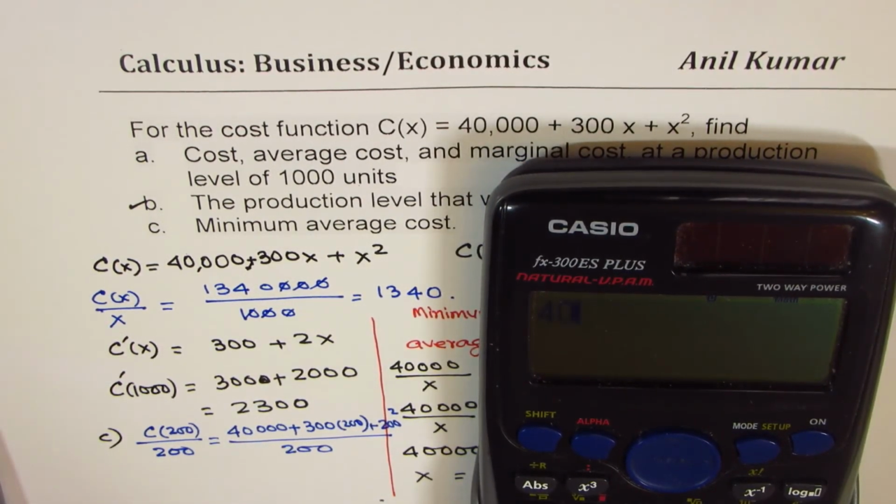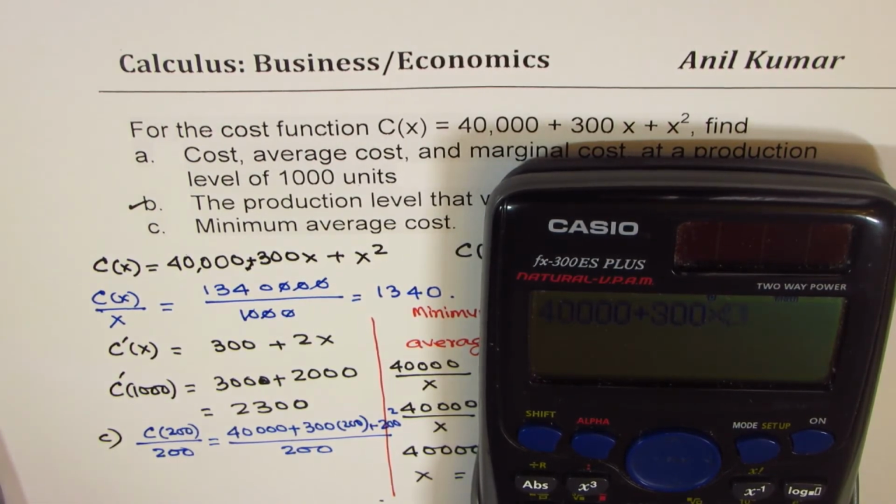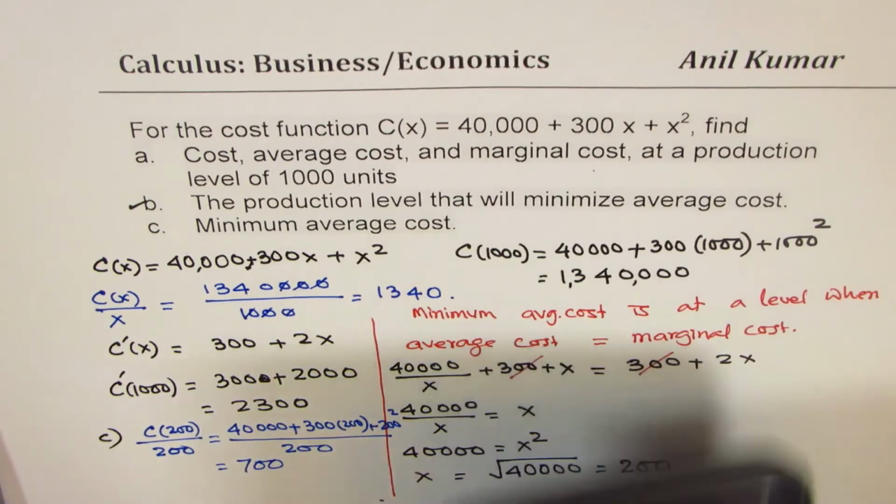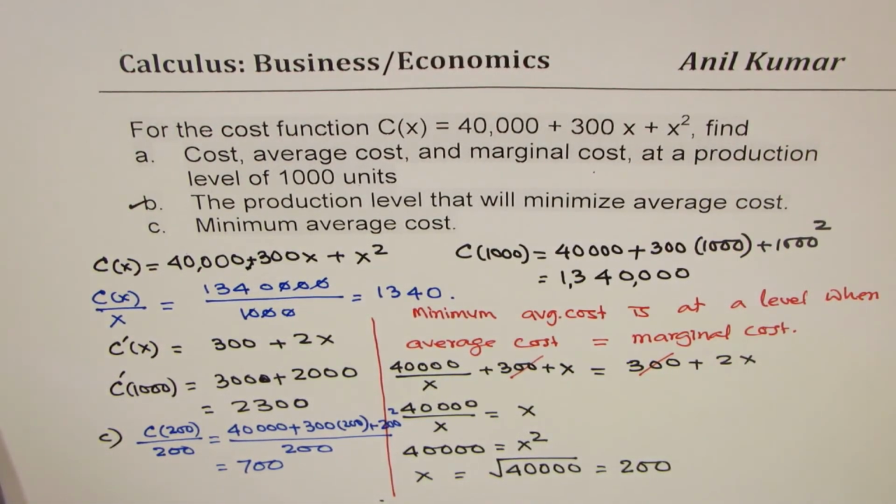That equals 700. So 700 becomes the minimum average cost at a production level of 200, right?